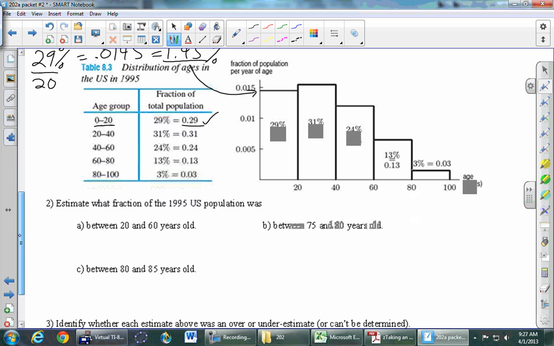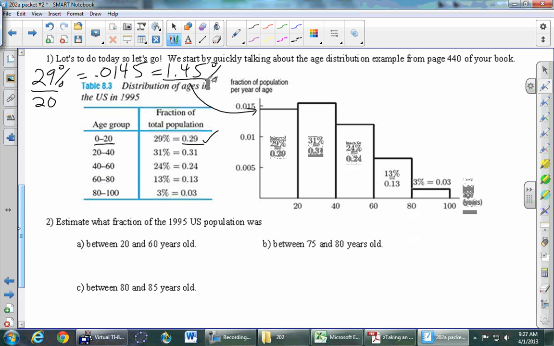Okay, so let's see if we can answer some questions using the data up here. The first one says, estimate what fraction of the 1995 US population was between 20 and 60. Between 20 and 60, we have two numbers. What do we do with them? Add them. So we got 31% plus 24%.